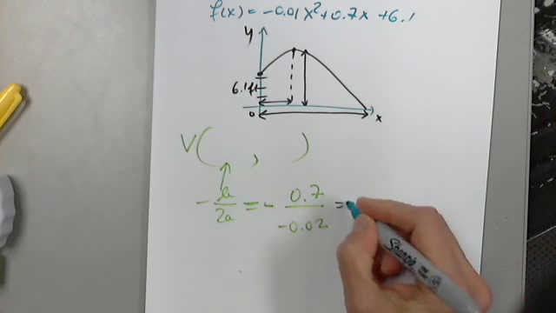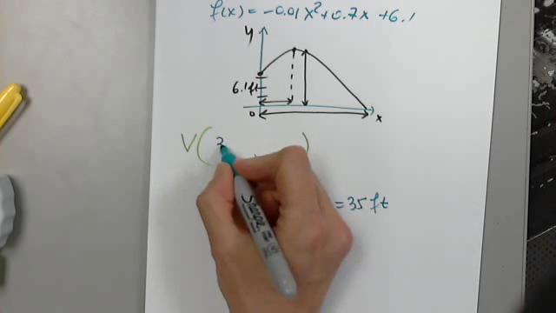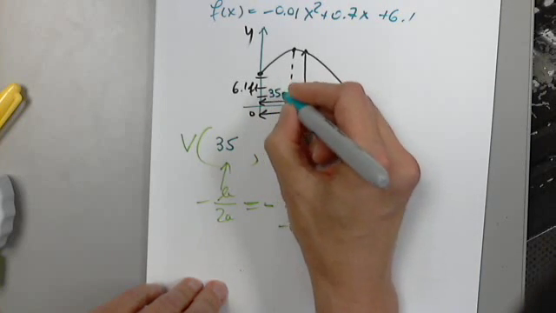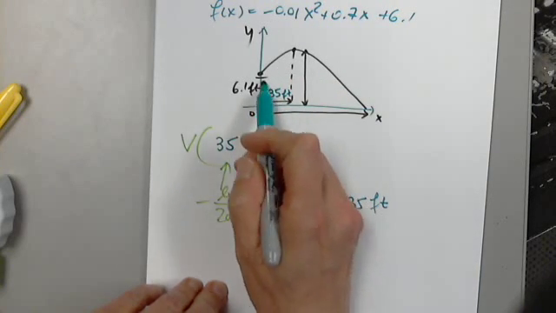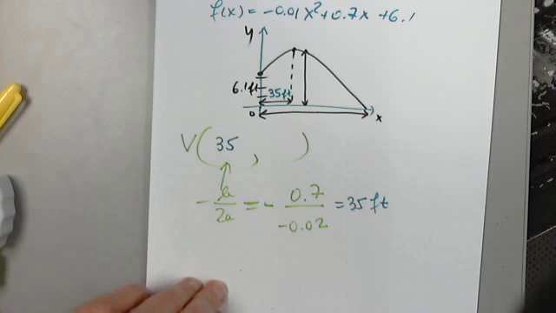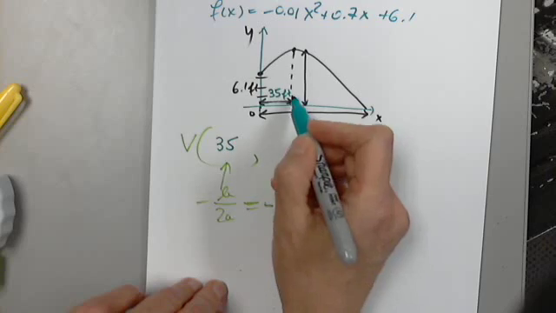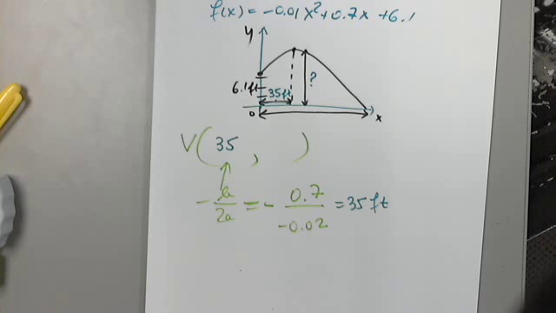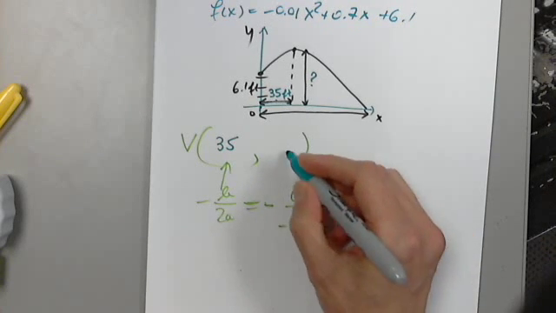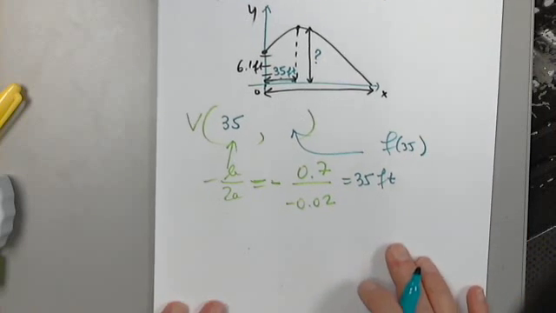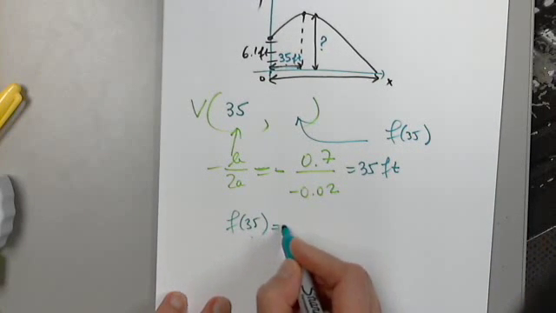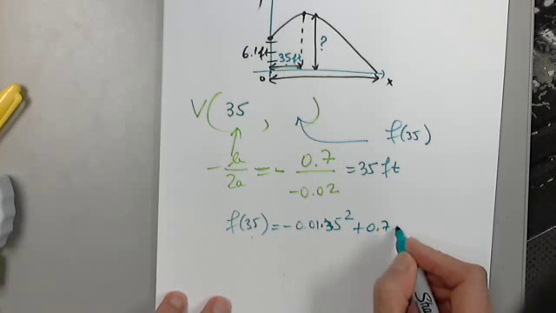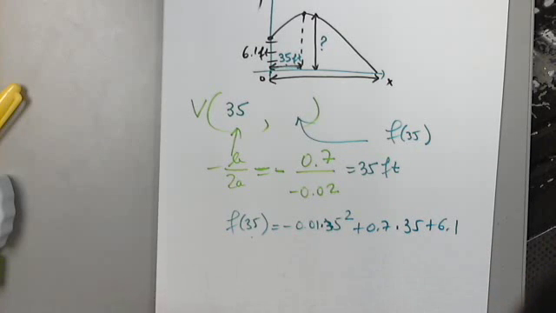So 70 divided by 2 is 35. So this is 35. How far from where I'm standing and throwing the ball up in the air it reaches its maximum: 35 feet. But now I want to find the maximum height. Exactly. So this value will be f of 35. So f of 35 is negative 0.01 multiplied by 35 squared plus 0.7 times 35 plus 6.1.